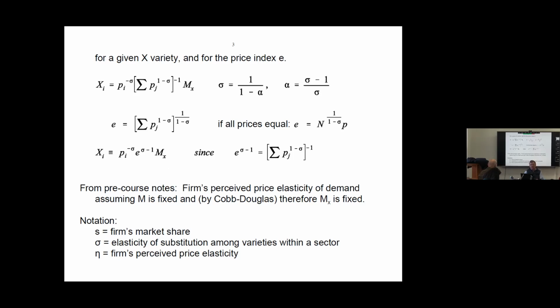And note that that's homogeneous: if you double all prices and income, sorry, then nothing changes. So there should be that homogeneity property of that function.